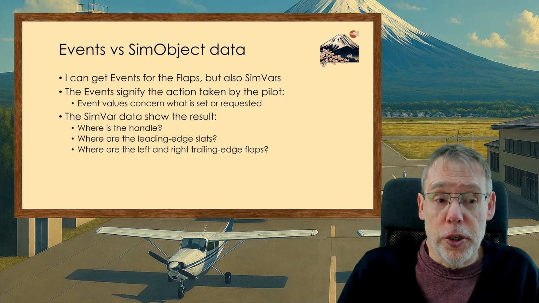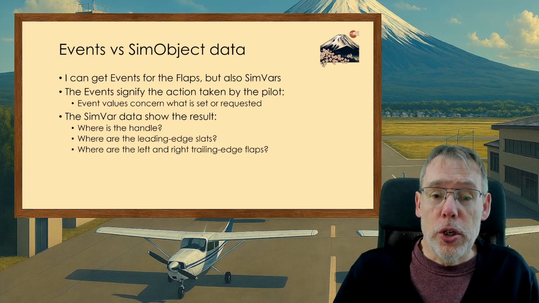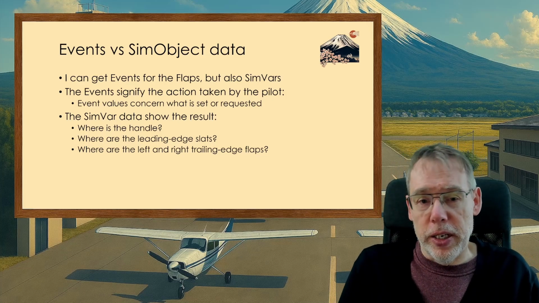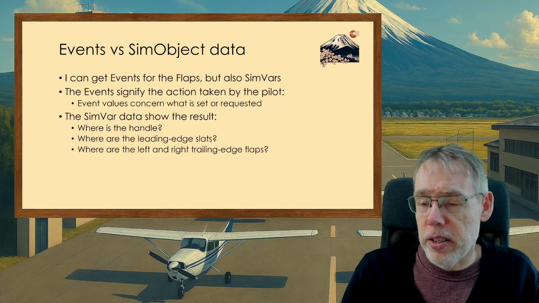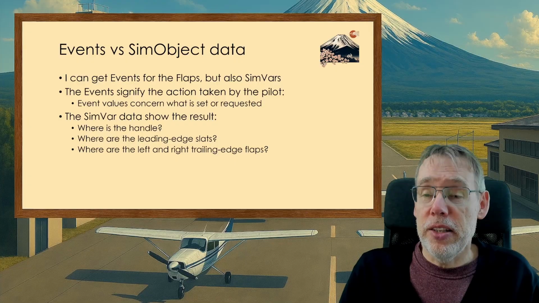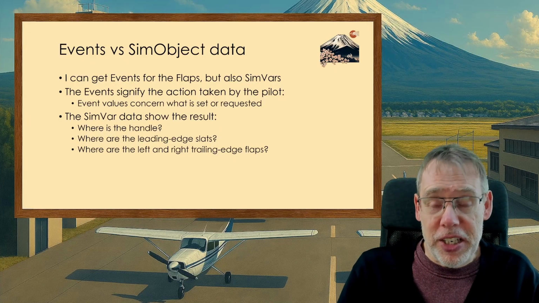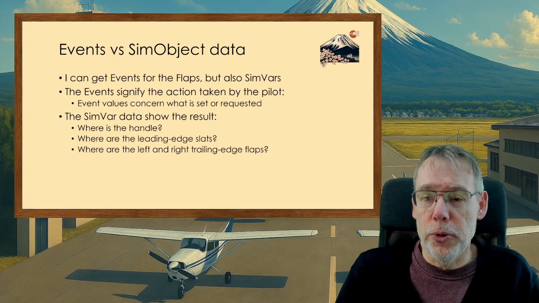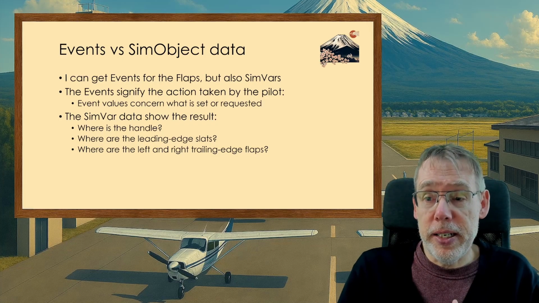It will show, for example, where actually is the handle, because you could use a smooth value between 0 and 100% or 0 and 16384 to take a random value and say, this is where I put the handle. But if that is not a flap detent, then actually what will happen is that the value will go to the nearest detent. Then with flaps, of course, we have leading edge slats as well as trailing edge flaps.